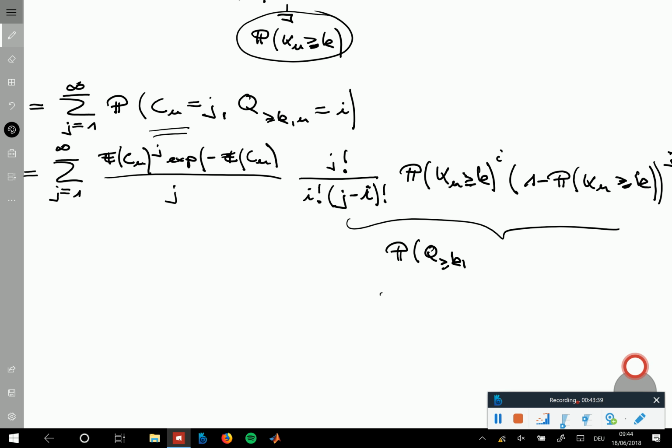This is the binomial form if you just write it out and put the parameter in, given Cu, and this is just the Poisson form that we discussed previously with the expectation parameter, the expectation of Cu. This is the distribution of the number of clusters.